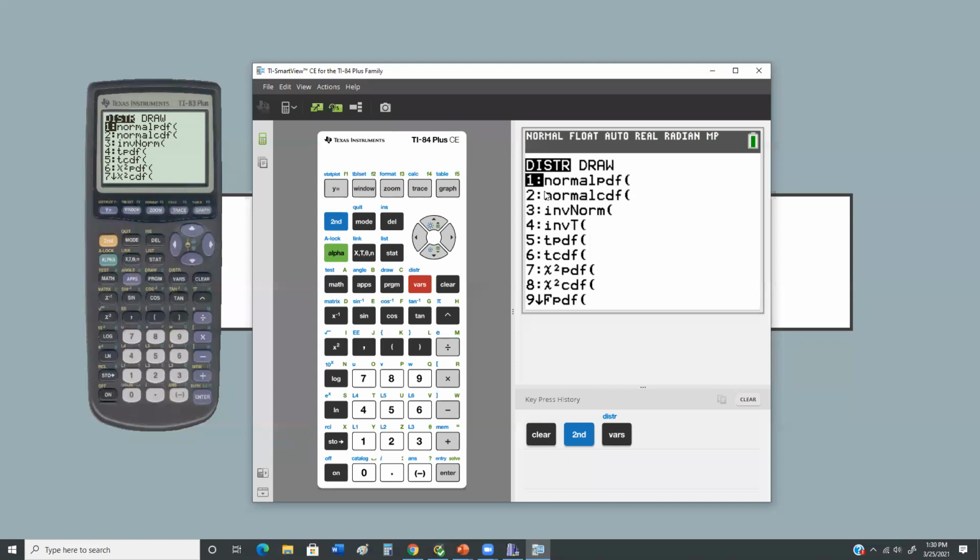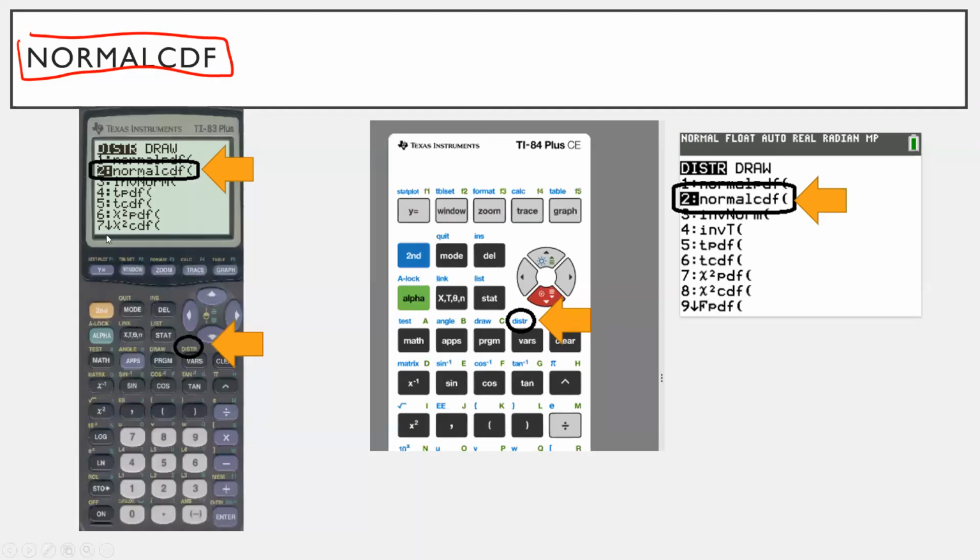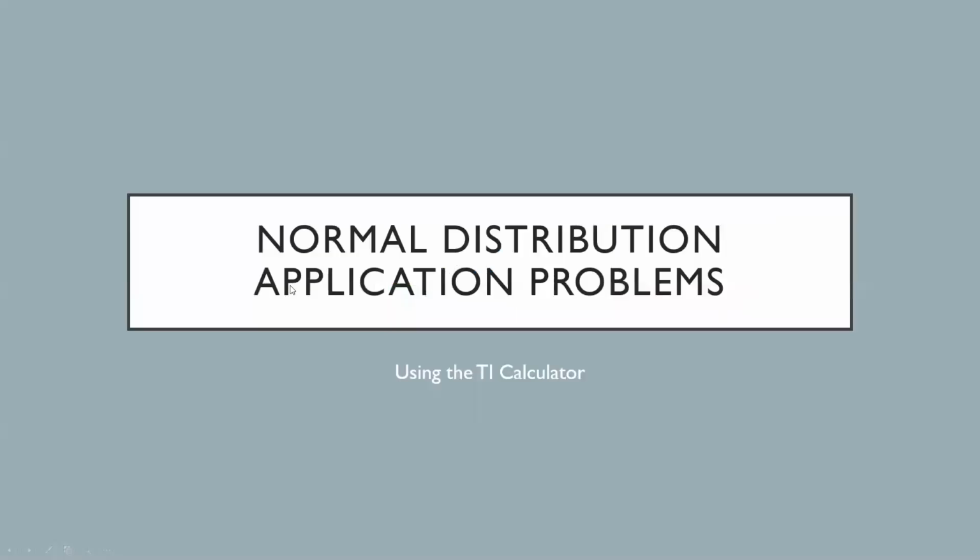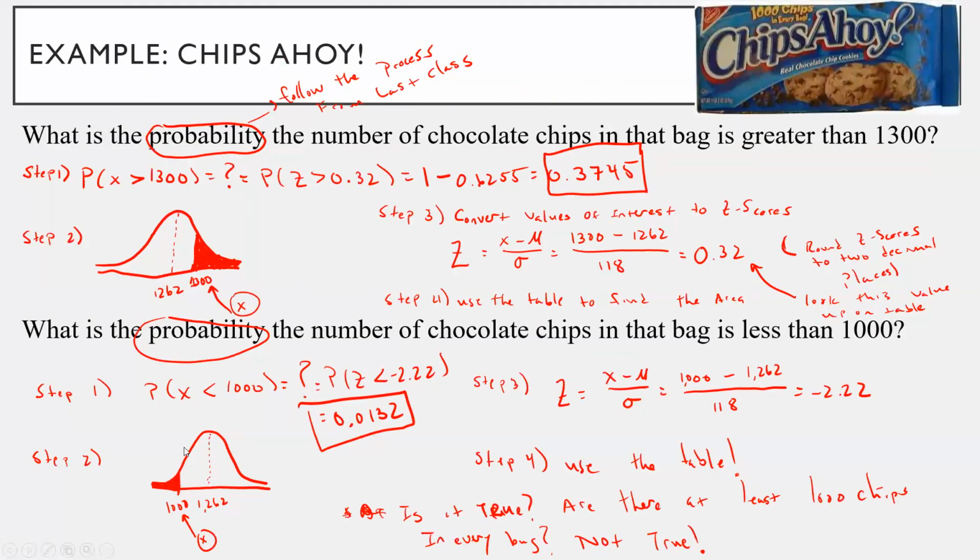What the Normalcdf does, for any normally distributed variable, it gives the probability that X is less than some number. So literally what it does is it gives the answer to this problem right here, the probability that X is less than 1,000. Like it will just solve it for you.